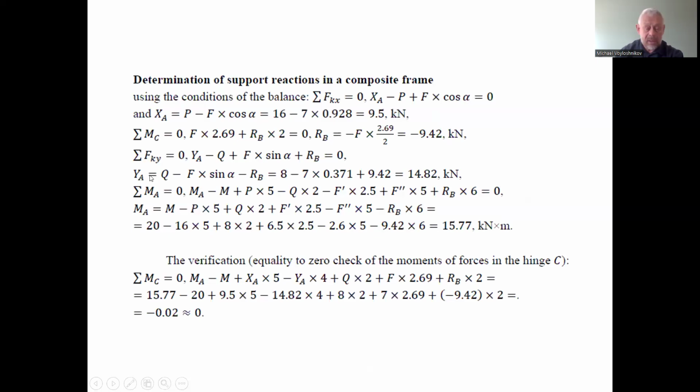After that, we consider the integral mechanical system of the total composite frame, where the projection of all forces on the applied axis has to be equal to 0.